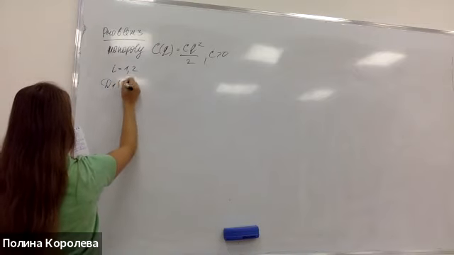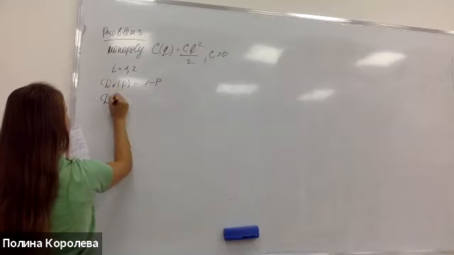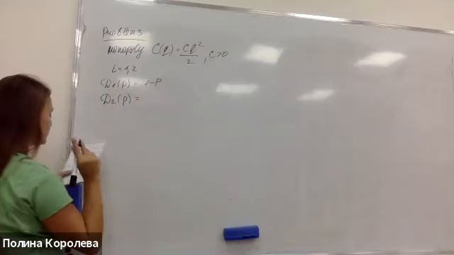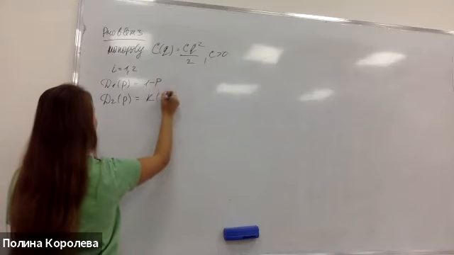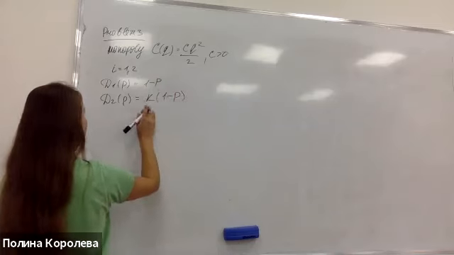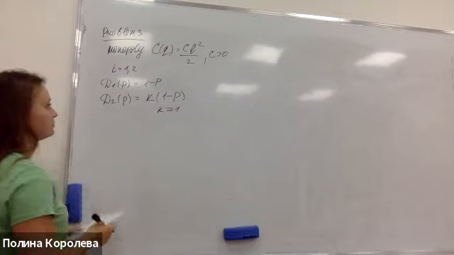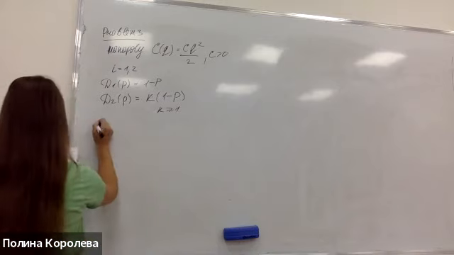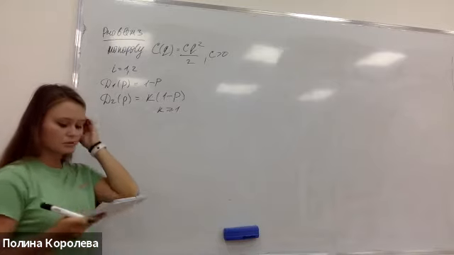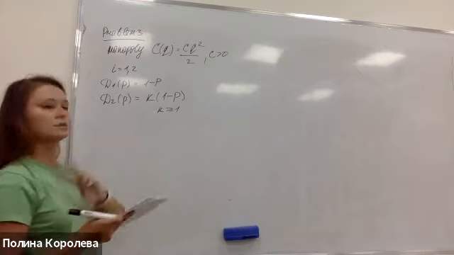The first consumer has demand 1 minus P. The second consumer has a greater demand, K multiplied by 1 minus P, where K is greater or equal to 1.